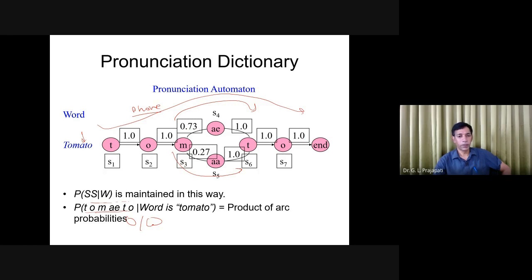If somebody goes the other path, it is 1 into 1 into 0.27 into 1 and so on. So the most probable is the path with the highest probability, and you conclude that this signal corresponds to this word.